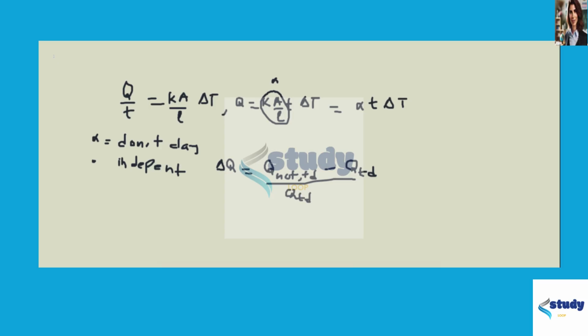This will give us the percentage to keep the thermostat up in our model. And for that, we need to find a Q for not turning down and a Q for turning down. We can do that by writing the Q as we did it above.